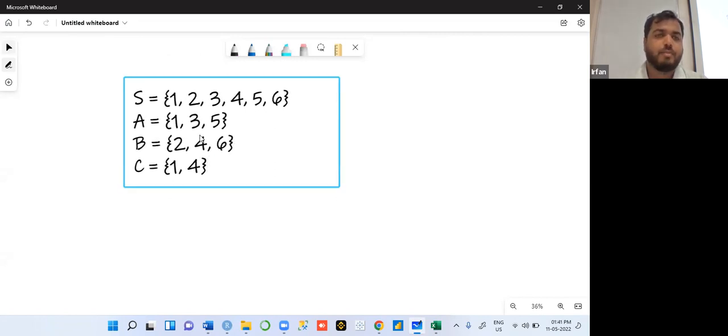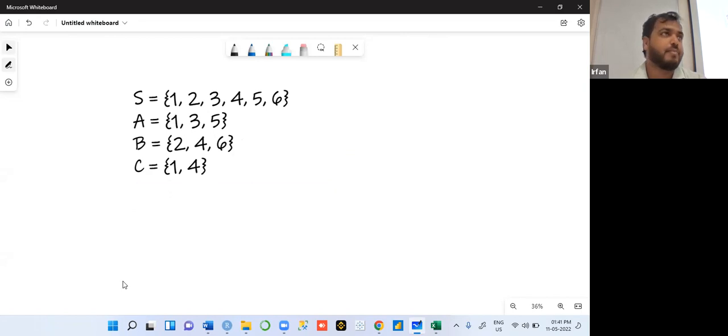A is the event of getting odd numbers, B even numbers, and C. We have taken 3 different events: A, B, C. Mutual means if A happens, B will not happen. If B happens, A will not happen. If you compare A and C, whatever we have in A, do we have in C also, guys?